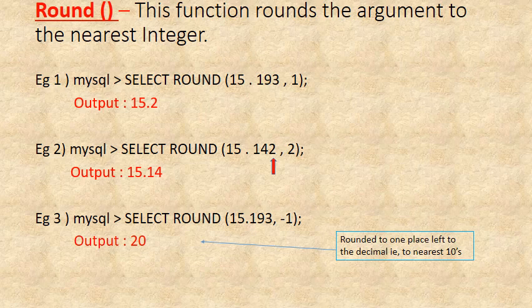So, if we want to round the number to 1 decimal place, we must check the second decimal place. If the second decimal place contains 5 or greater than 5, here in this example, the second decimal digit is 9. So, we can round the first decimal digit 1 to 2. So, the output for this round function is 15.2.